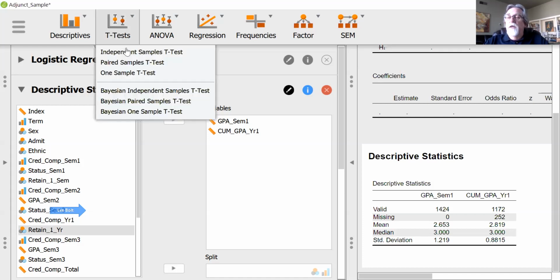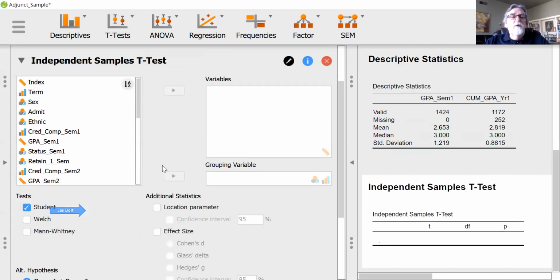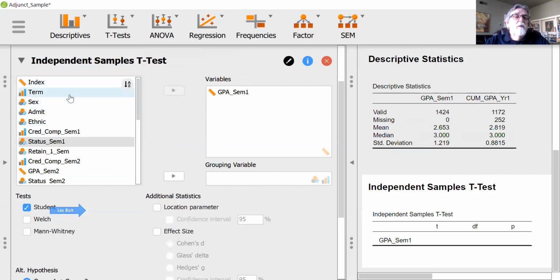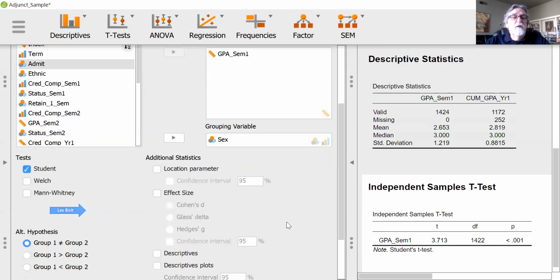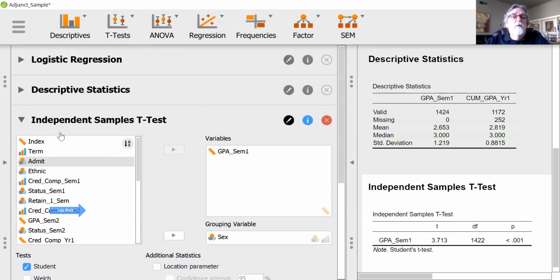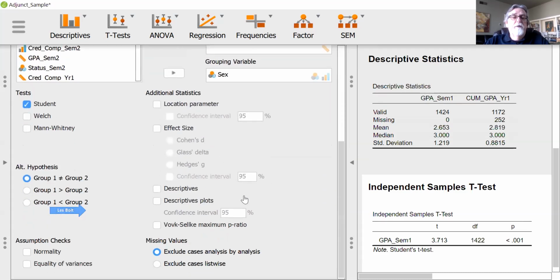We'll ask the independent samples t-test first, and we'll use GPA first semester as the dependent variable, and gender, in other words sex, as a grouping variable. I hope there are not some outliers in there; we'll have to see. And we'll run what's called an independent samples t-test. That's what we pull down.